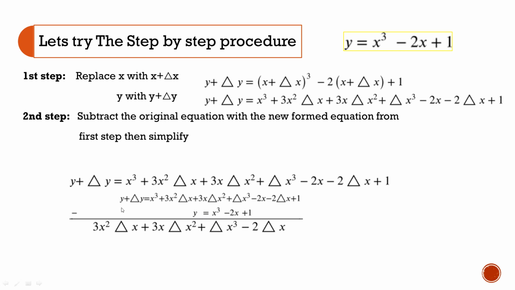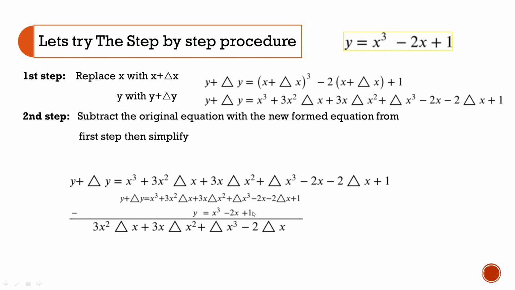So as we can see, y will be eliminated here on the left hand side of the equation. The left hand side will be delta y, and then this is actually the right hand side of the equation. So we have 3x squared delta x plus 3x delta x squared plus delta x cubed minus 2 delta x.